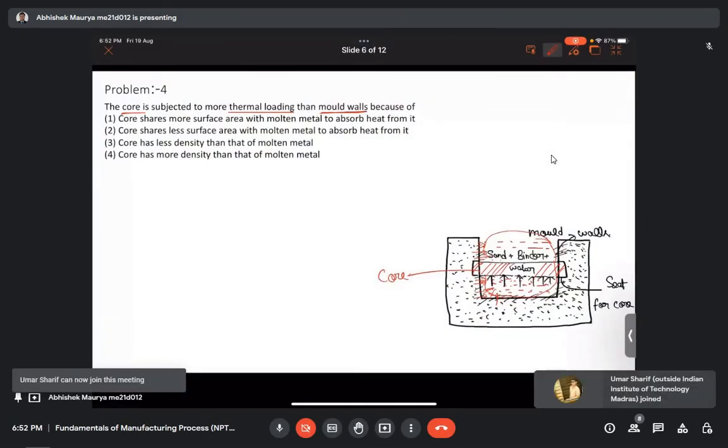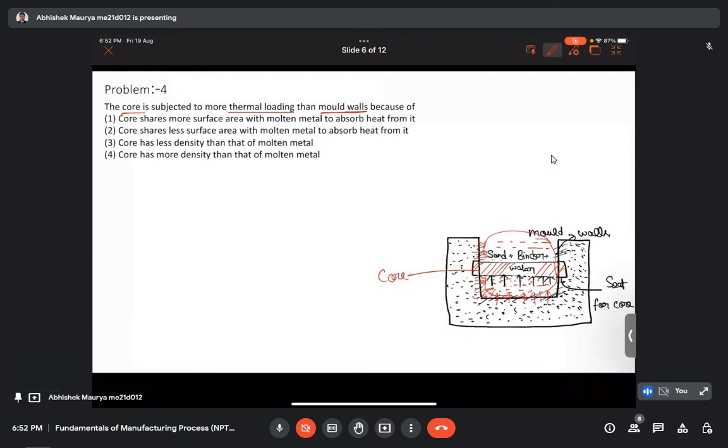The molten metal comes into contact with the mold walls from one side, like this wall is coming into contact from this side. Whereas the core is submerged inside the molten material.